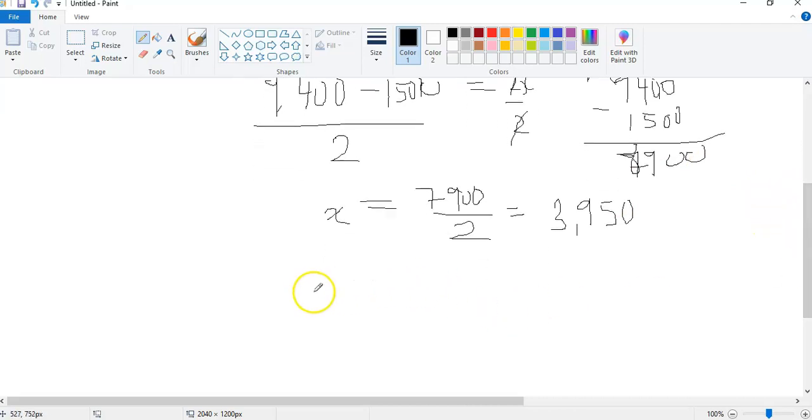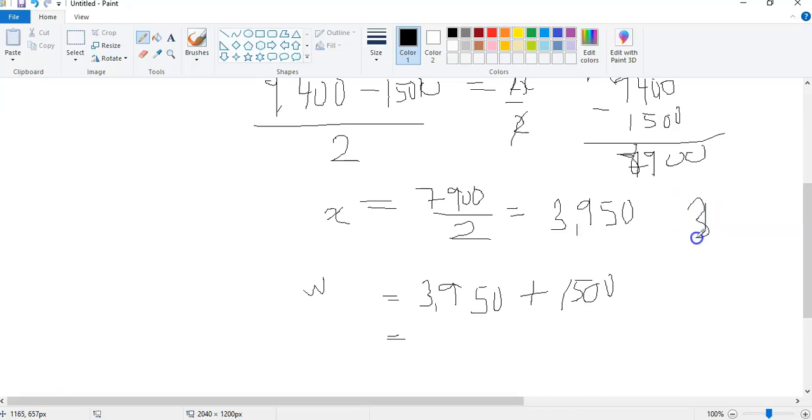So the number of women is going to be this one plus 1,500.